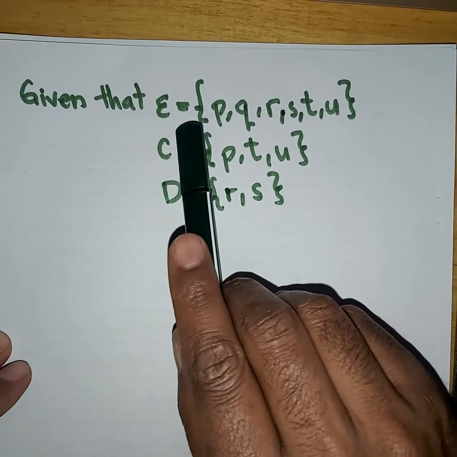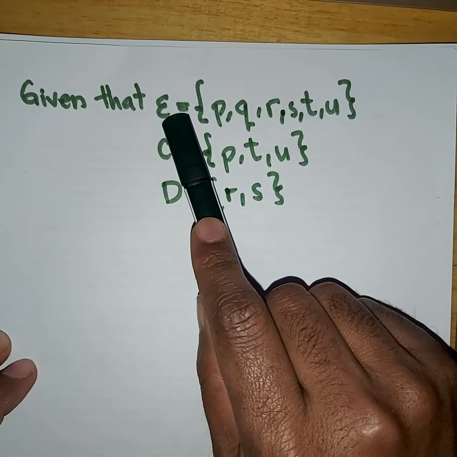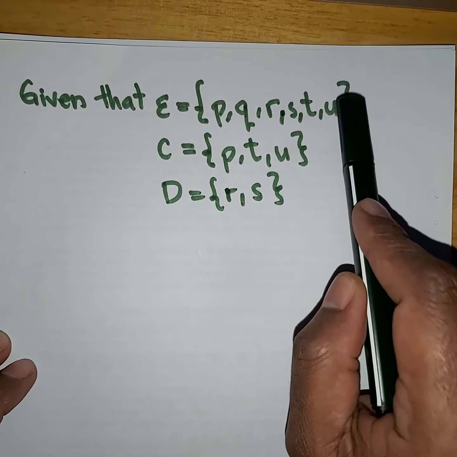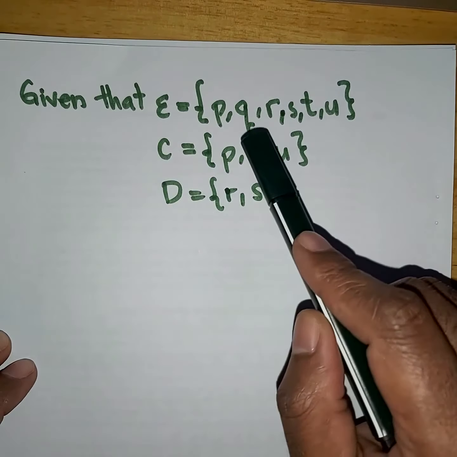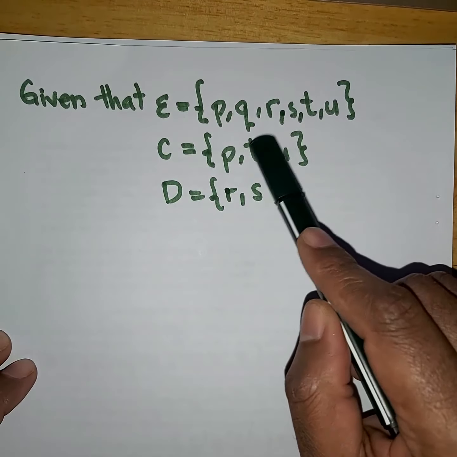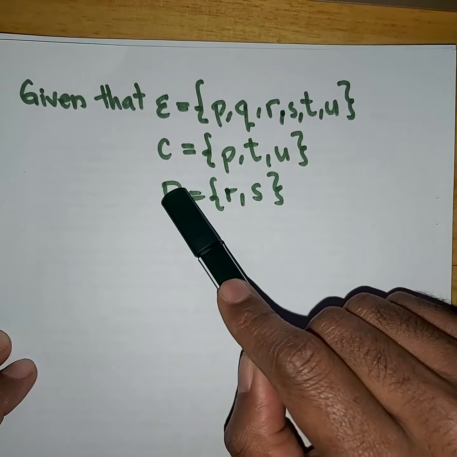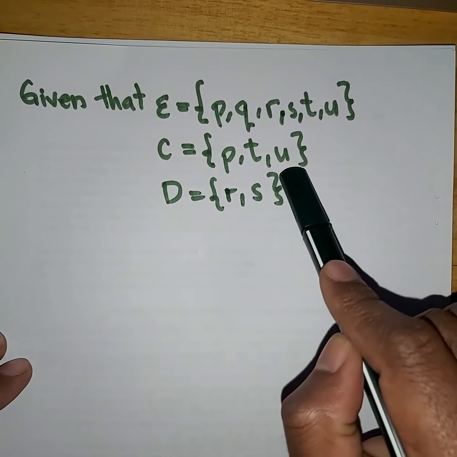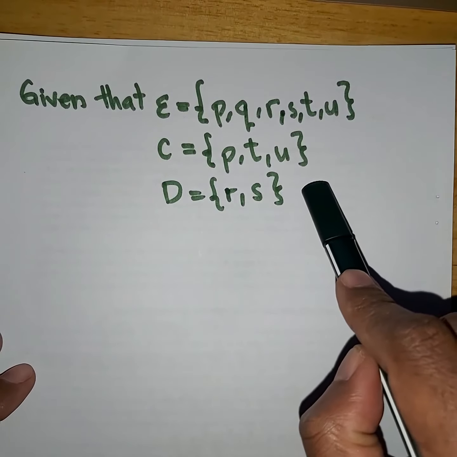Now another example. Given that the universal set is equal to the set P, Q, R, S, T and U, set C is equal to the set having elements P, T, U, and set D has elements R and S. Now represent using a Venn diagram.